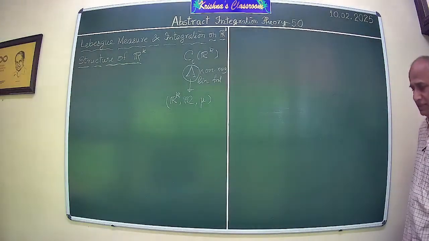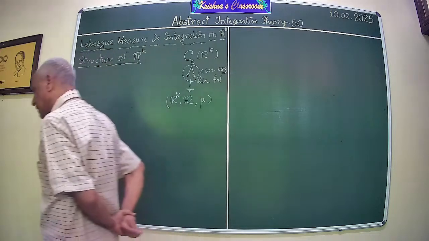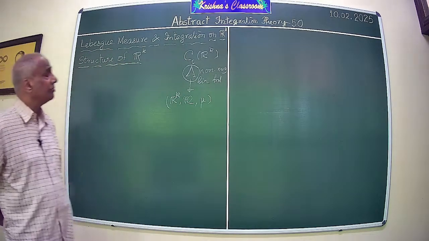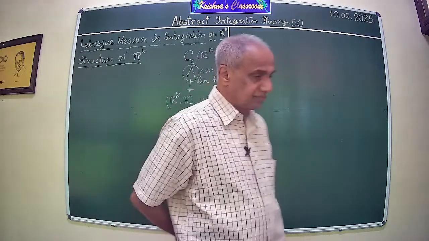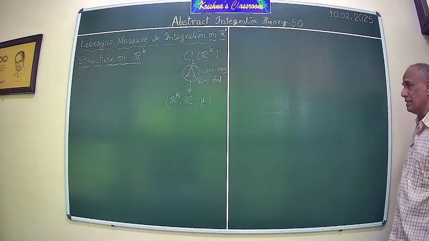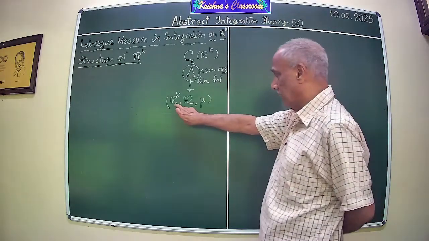That is, the measure is invariant under translation. Now this is one of the crucial properties of Lebesgue measure. It's a very important property. That's a desirable property that we would like to have.